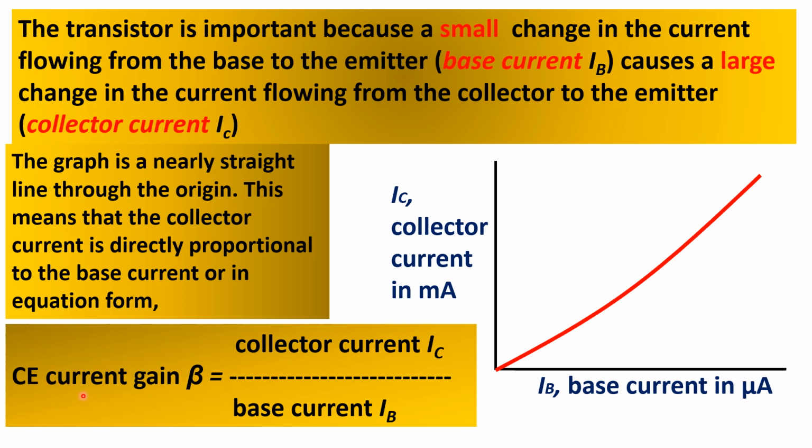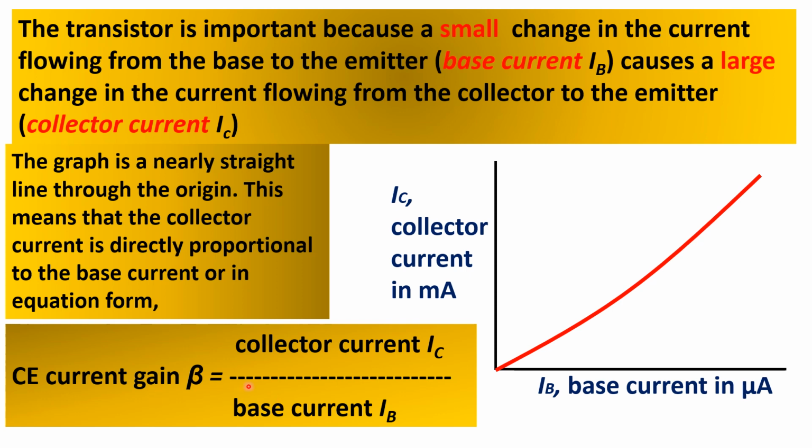We talk about what we call current gain, and that is represented by the Greek letter beta. So beta is just the ratio of the collector current IC to the amount of the base current IB.